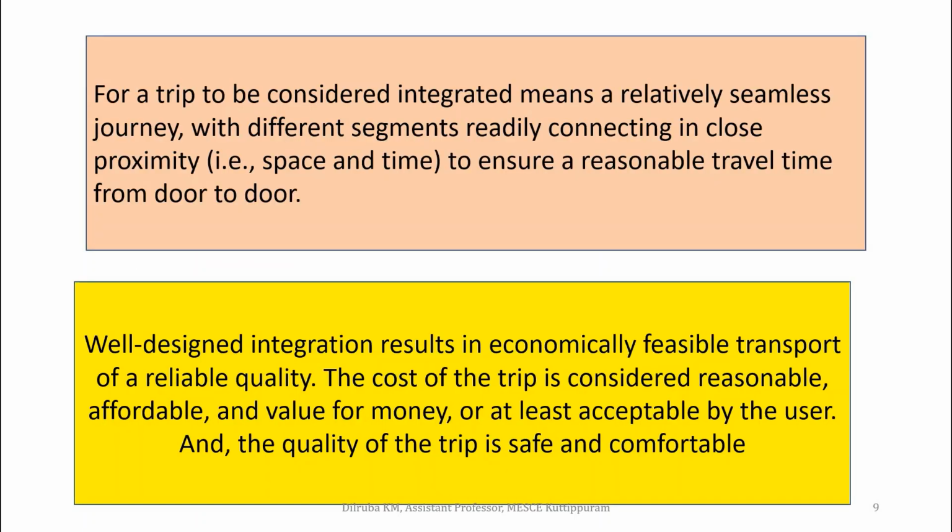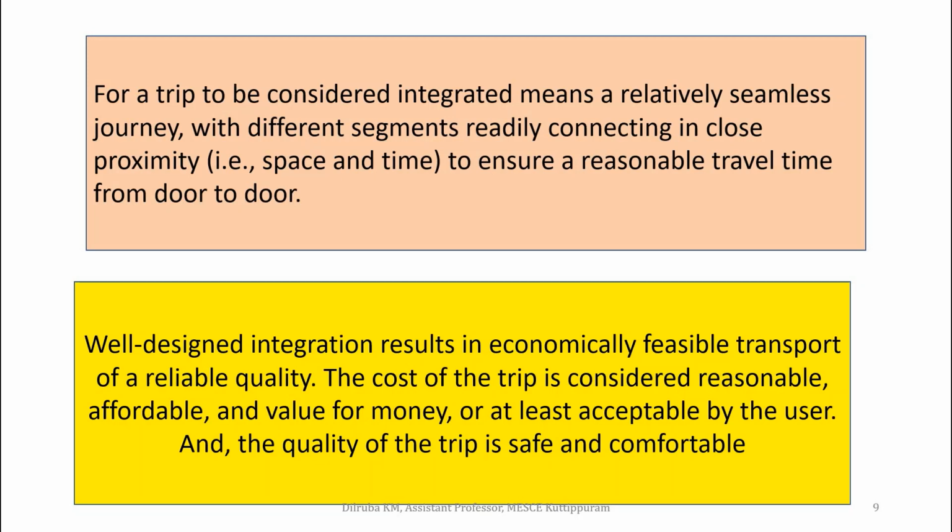So for a trip to be considered integrated means relatively seamless journeys with different segments readily connecting in close proximity, that is in terms of time and space, to ensure a reasonable travel time from door to door. If we are providing a seamless journey considering the space and time, then we can say it's a very well integrated transportation facility.